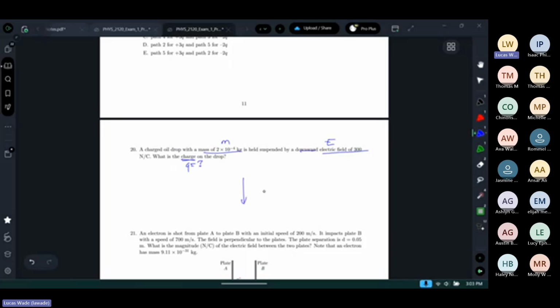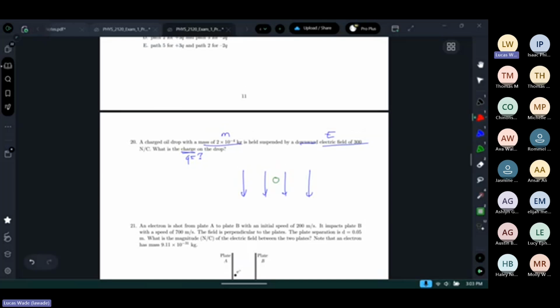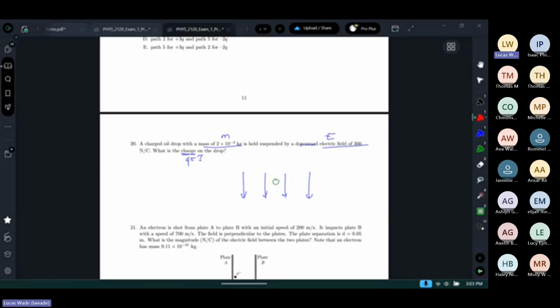So I've got a downward field, and I've got a charge that's being held suspended by it. And I don't even know if it's positive or negative. They haven't told me that. I can figure that out by saying, though, if it's suspended, it must experience a balancing of forces.